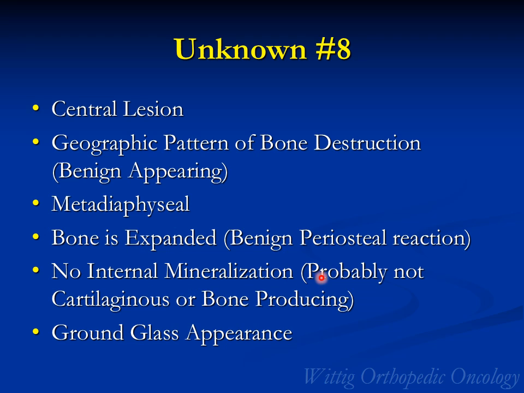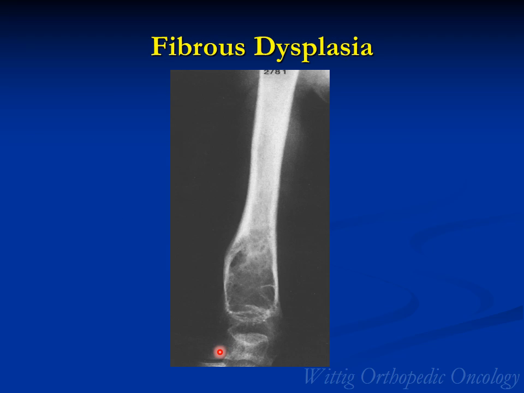There's no internal mineralization, so it's probably not cartilaginous or bone producing. And there's a ground glass appearance. It's fibrous dysplasia.